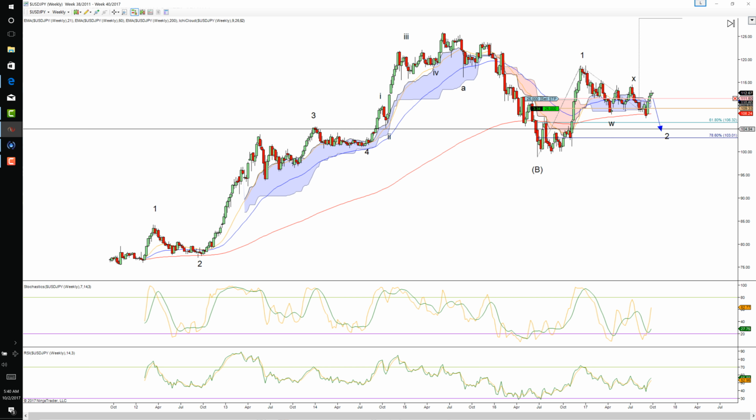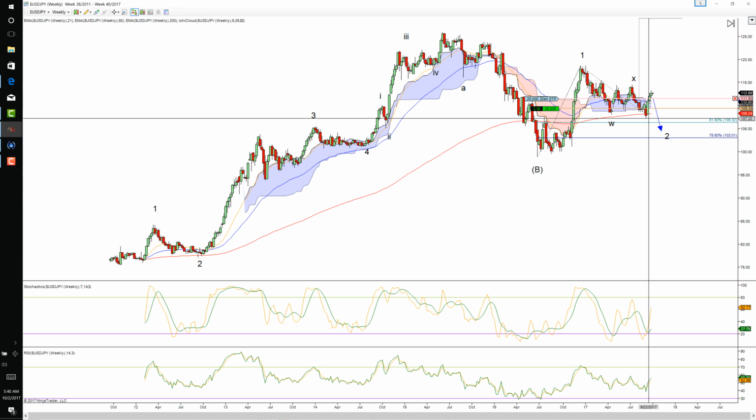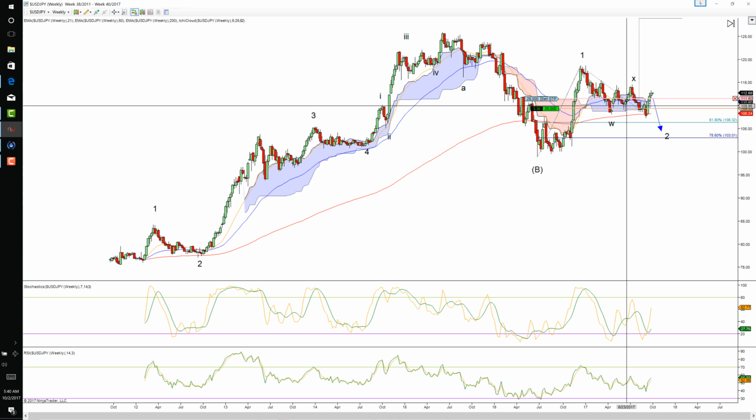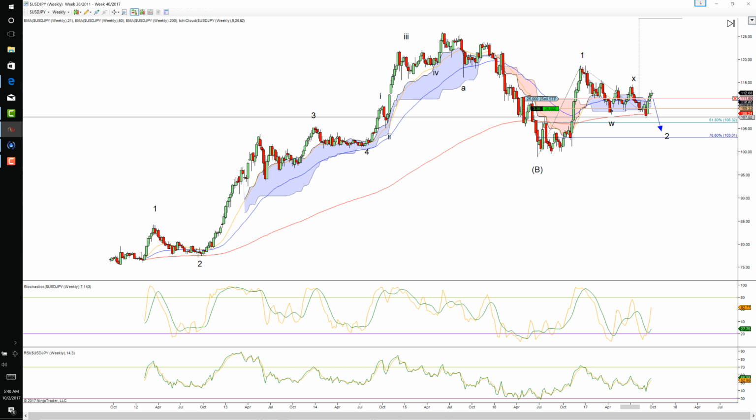Okay, let's go to the dollar yen. Now, I'm going to continue to keep this here, although it is possible that wave 2 is already in place at 107. I'm up 335 ticks and I still haven't added, because I'm unsure.